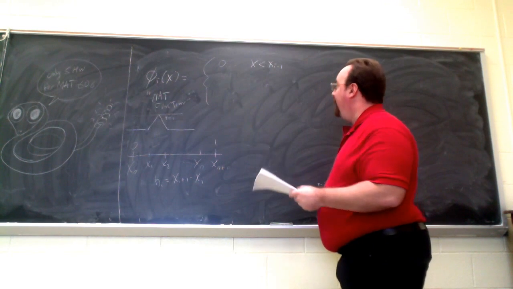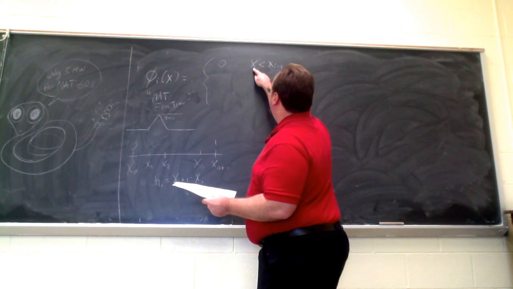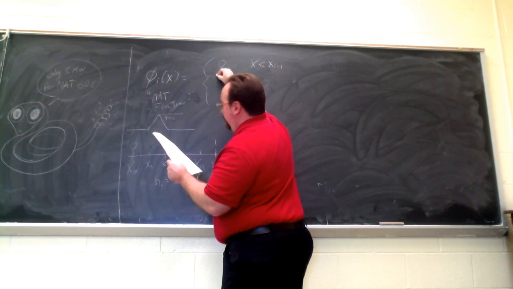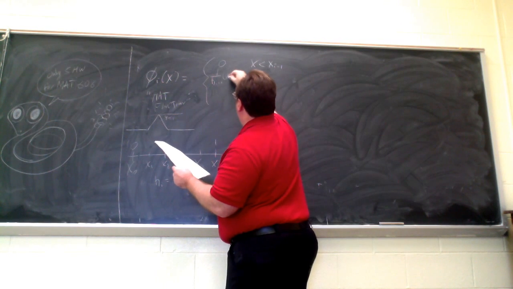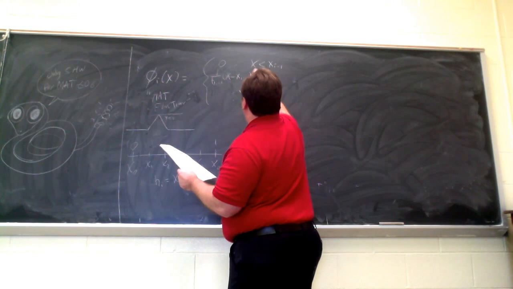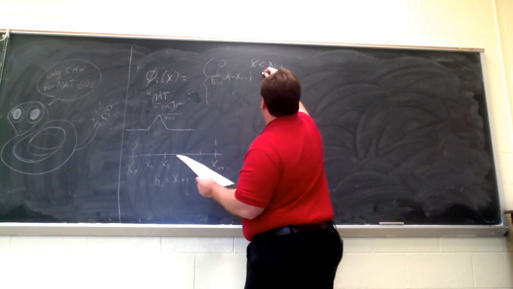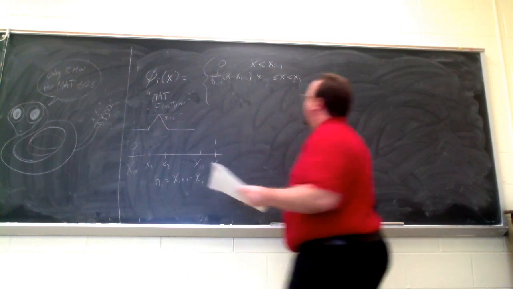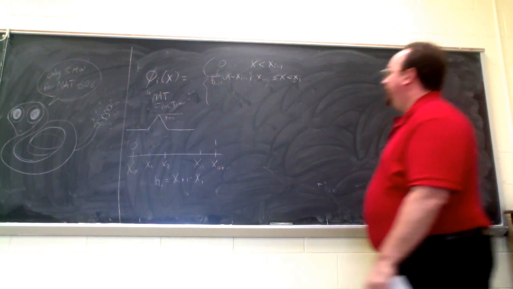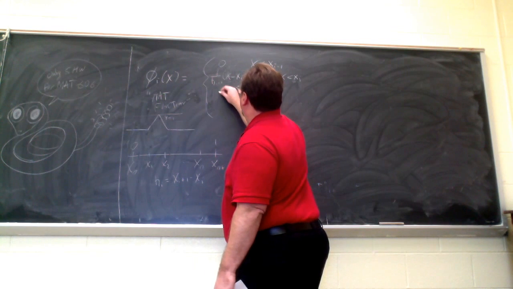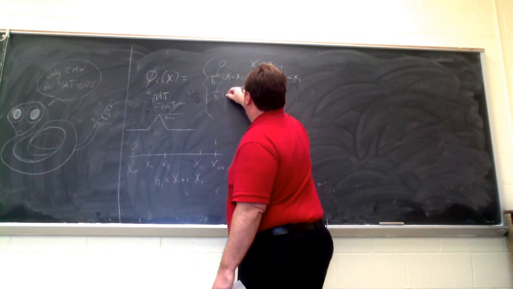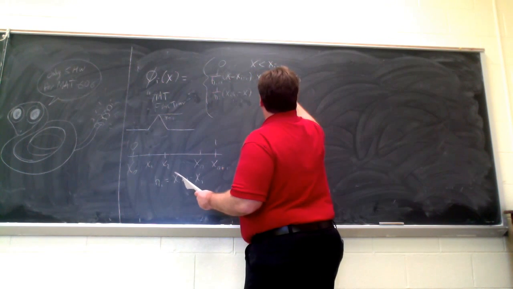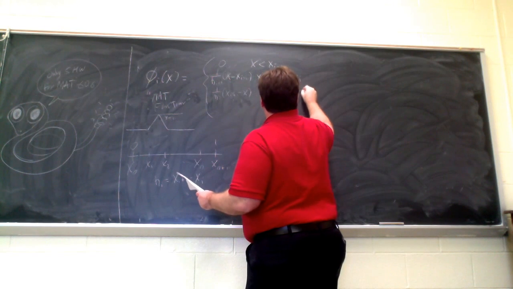Okay. Now, for the first part of the interval, this hat function is 0. Then you have this part that goes from 0 up to 1. Okay, so that's the left part of the hat. Then you want to go back down to 0. So that's 1 over h i times x i plus 1 minus x, for x between x i and x i plus 1.